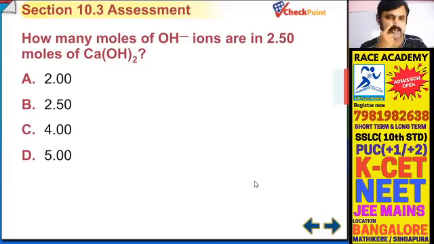You want to find the number of moles of OH- ions present in 2.5 moles of calcium hydroxide. In the given formula, 1 mole of calcium hydroxide contains how many? 2 moles of OH- ions. So 2.5 moles contains how many? You multiply it, then you will get 5. 2 into 2.5.